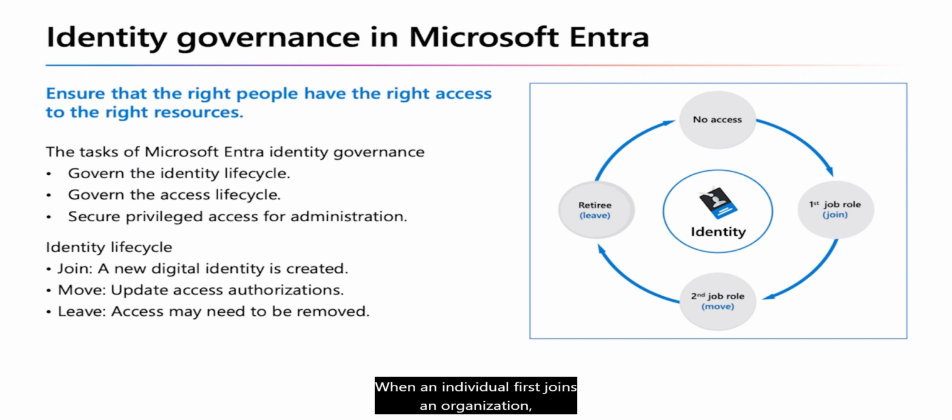When an individual first joins an organization, a new digital identity is created if one isn't already available. Then, when an individual moves between organization boundaries, more access authorization may need to be added or removed to their digital identity. In addition, when an individual leaves, access may need to be removed, and the identity may no longer be required.